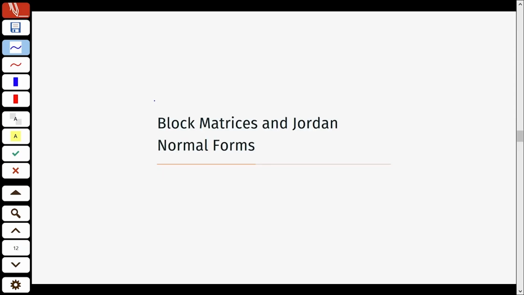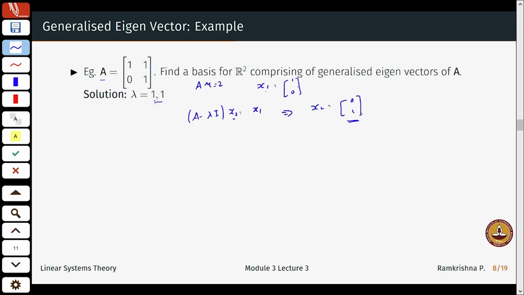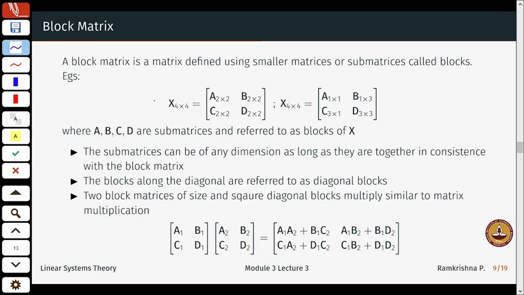Before we even talk of diagonalization, what can I do when I have generalized eigenvectors, or when the matrix A does not have n independent eigenvectors? Let us first define the concept of a block matrix.